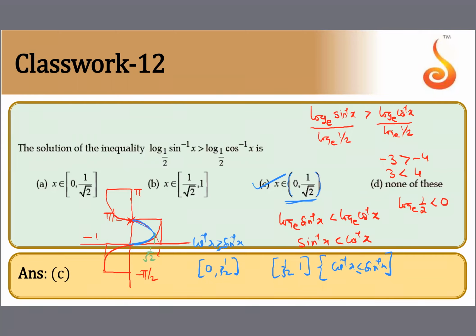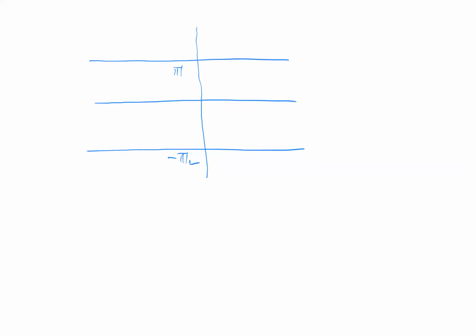I'll explain from the starting. This is the graph: this is minus pi by 2, this is plus pi by 2, and this is pi. It starts like this. This is the sine graph; the cos graph I'll draw now.